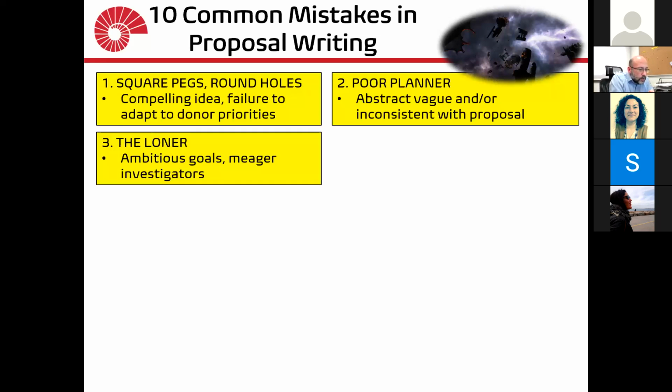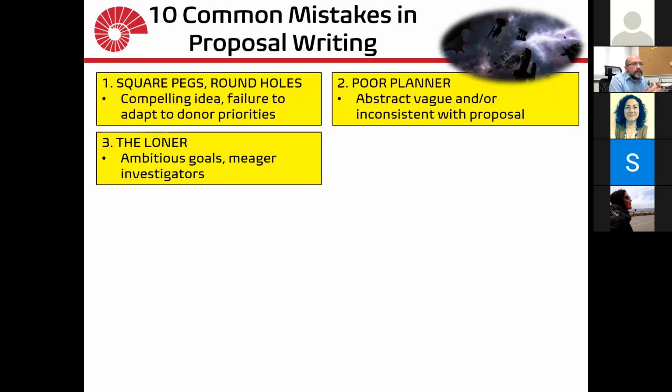There are also loners. The proposal is very ambitious in scope, but the investigators are meager. Of course, some schemes by default might be calling for one-person shows, but most grant proposals call for teams.